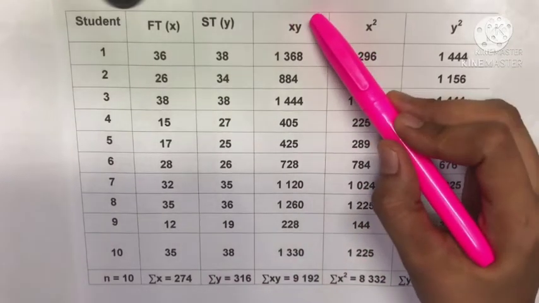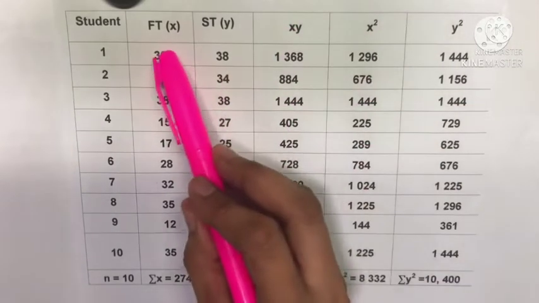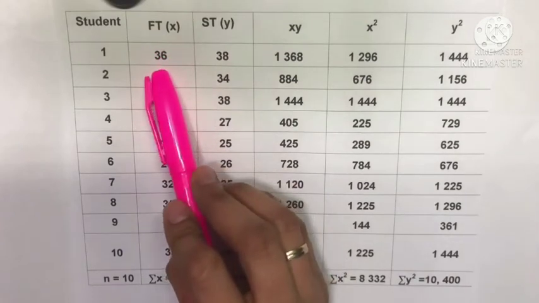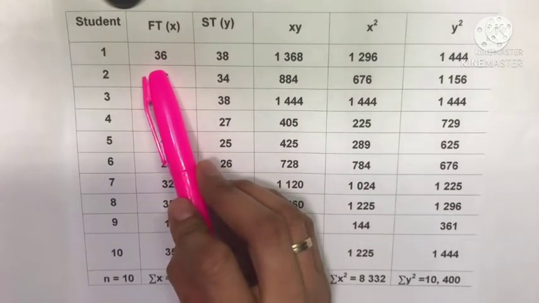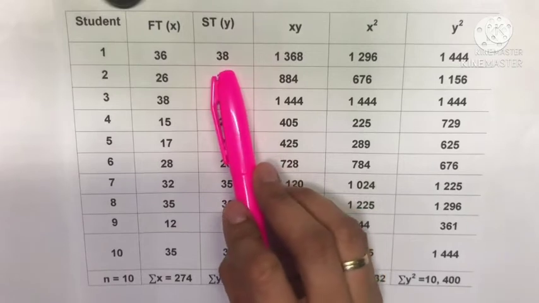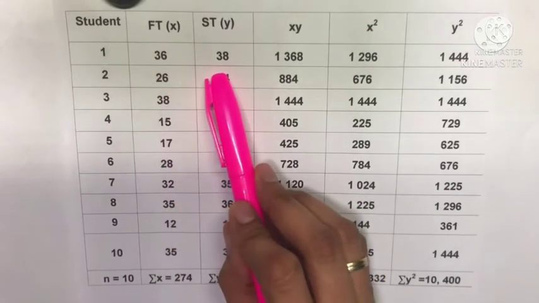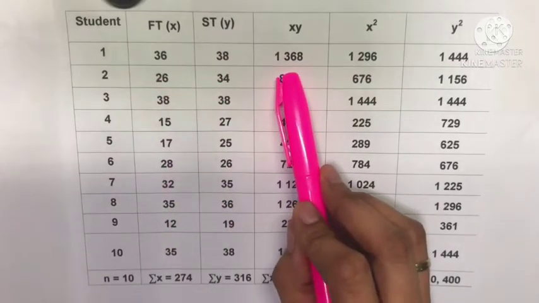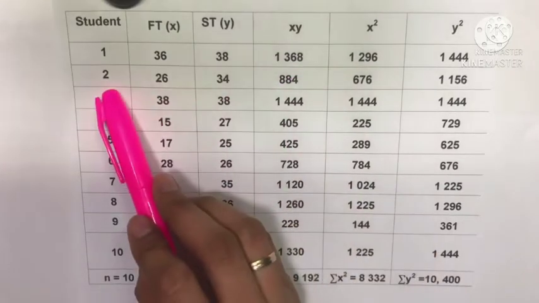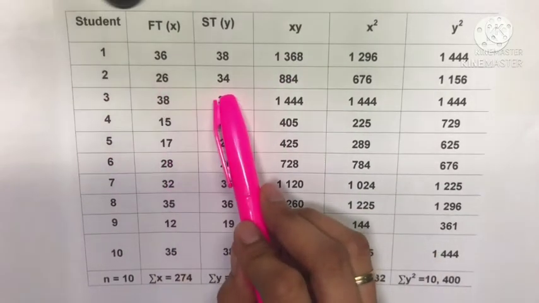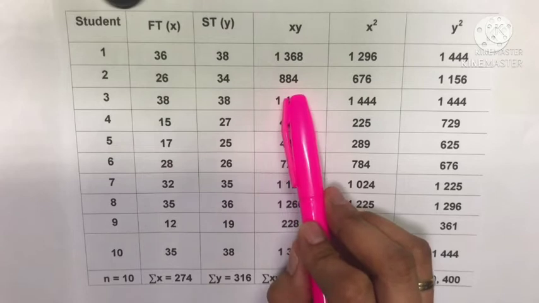So to get xy, all we need to do is to multiply x, in this case 36, times y, which is 38. So 36 times 38 is 1,368. So for the second student, 26 times 34 equals 884.